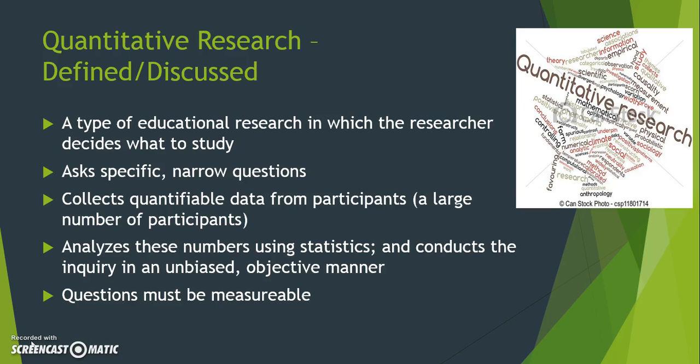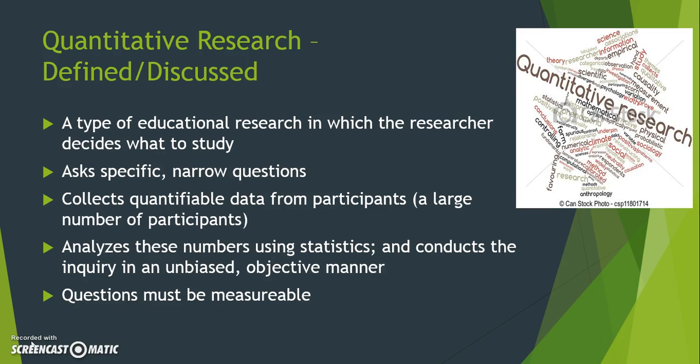Quantitative research. When we talk about it, it's research where the researcher decides what to study, and the questions are narrow and very specific to what the researcher wants to identify. And the data collected is measured quantifiably, and it uses a large number of participants. And statistics is used to analyze the numbers and conduct inquiry.